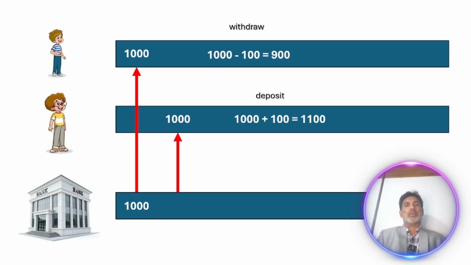The balance when he read this data item was 1000, so once he deposits 100 rupees, it will become 1100 rupees. So you updated the bank balance from 1000 to 900, and your friend updated the bank balance from 1000 to 1100.